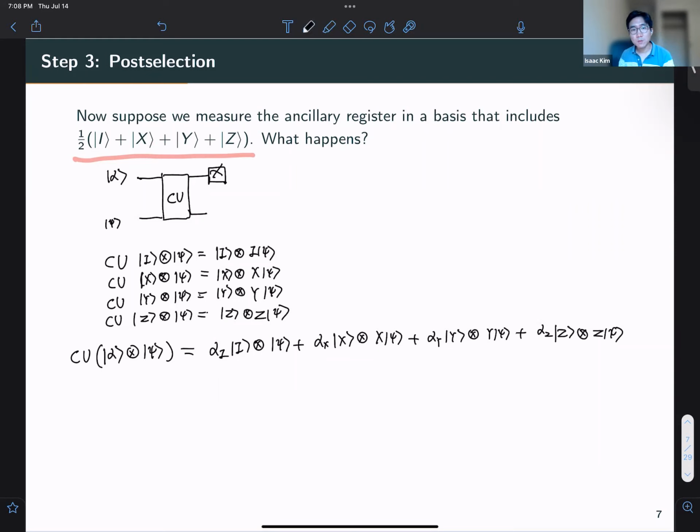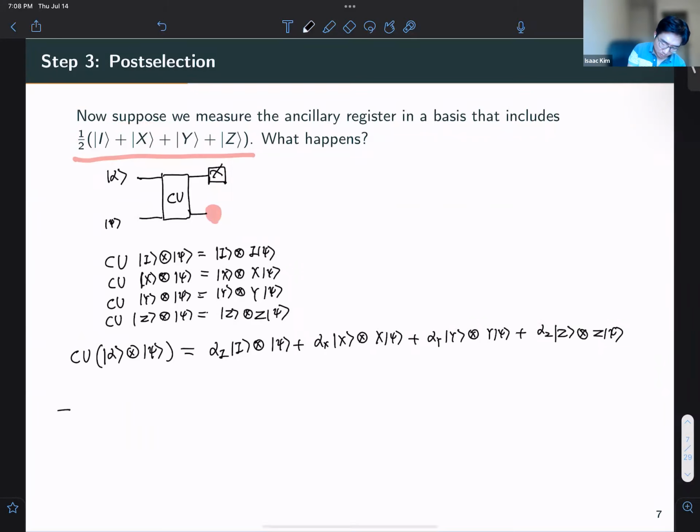And I'm going to ask the following question: what happens? Suppose we performed this measurement, and suppose we obtained this measurement outcome. In that case, what happens to this part, to the single qubit state? That's the question that I'm asking. And we know what the rule is to compute the post-measurement state.